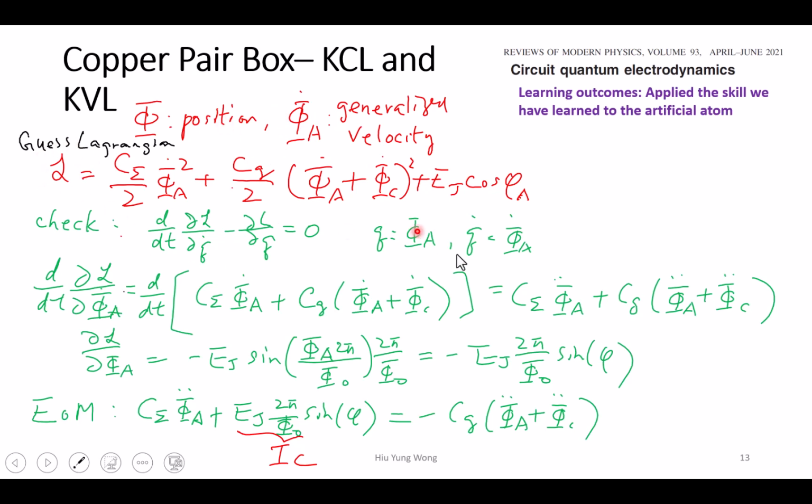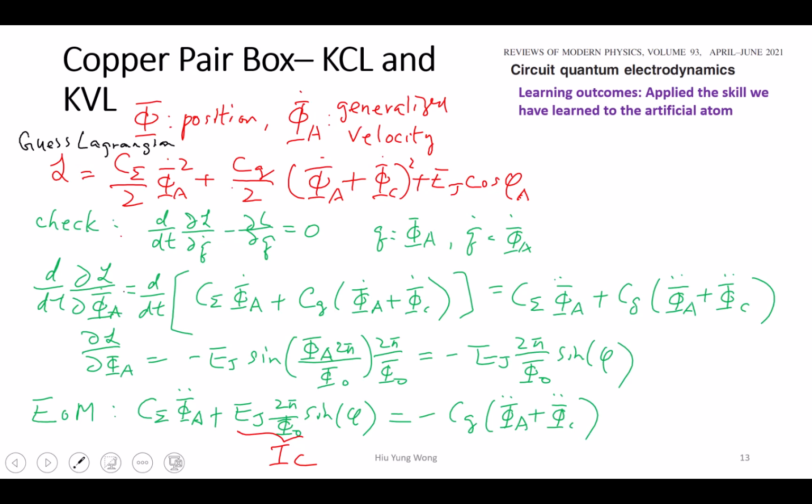And then I come up with the Lagrangian. This is just because I'm going to guess it. After I guess it, I just check it, right? And I do see that when I put it into the Lagrange equation, I get the correct equation of motion. So this is the correct Lagrangian of this system. Is that okay? I know it's very confusing. I do want you to swallow it, to really go through the steps.